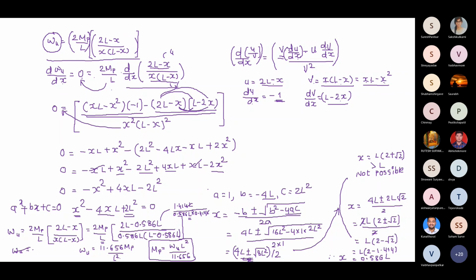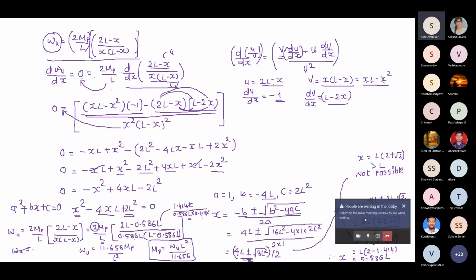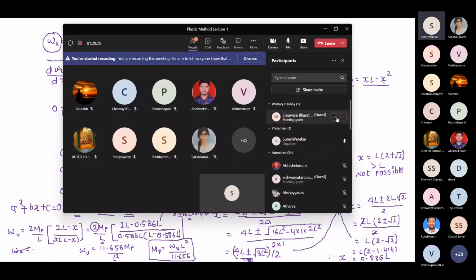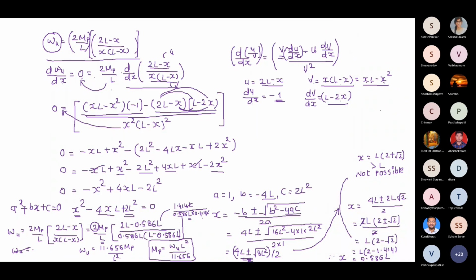Means if you calculate 1.414 upon 0.586 upon 0.414 and then multiply it by these two, we are going to get that value. Clear? Any doubts?